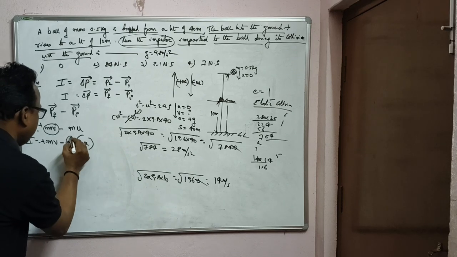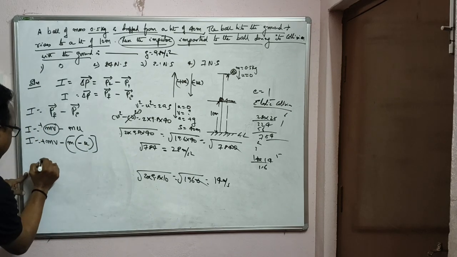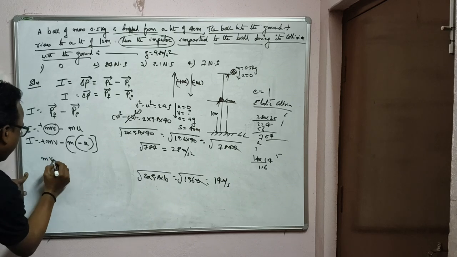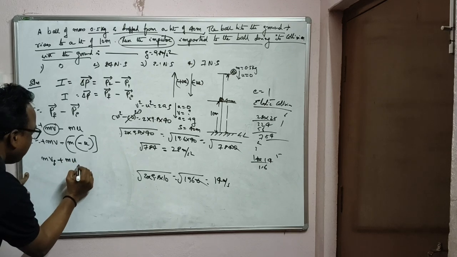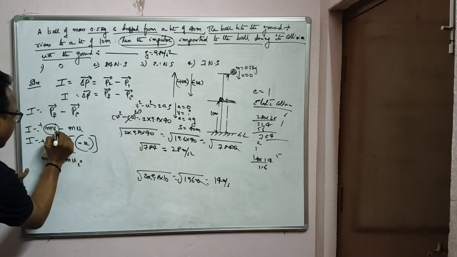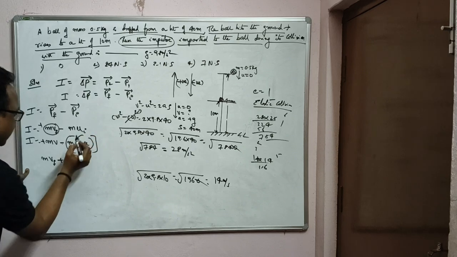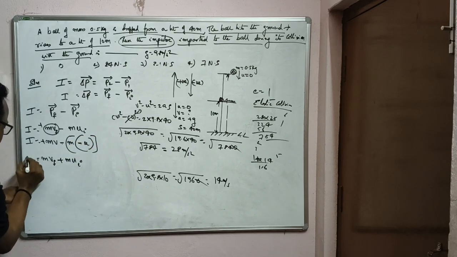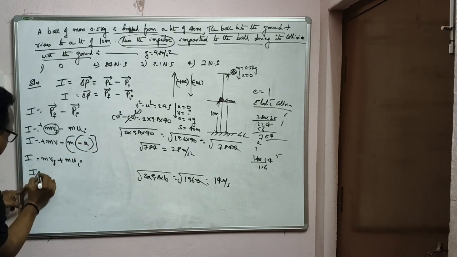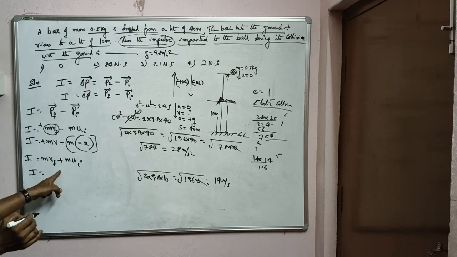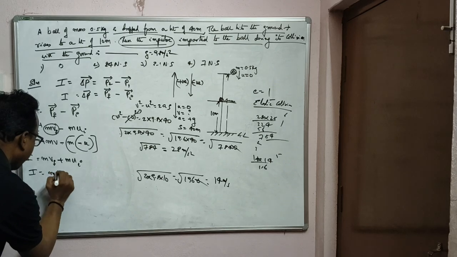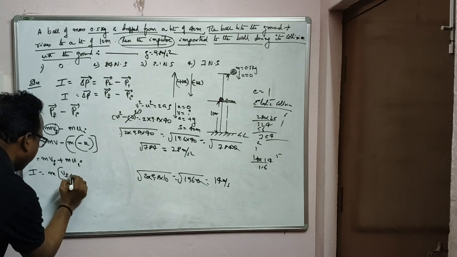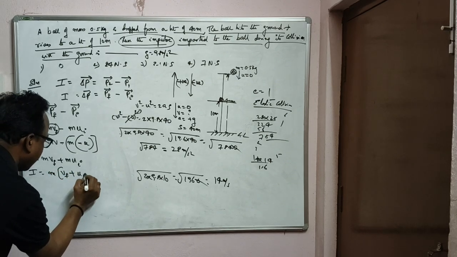Okay. So finally what happens? m v final, minus into minus plus m u initial. This is final velocity here, this is initial velocity. Now finally I got momentum as m v final plus m u initial, or I can write m into v final plus initial.